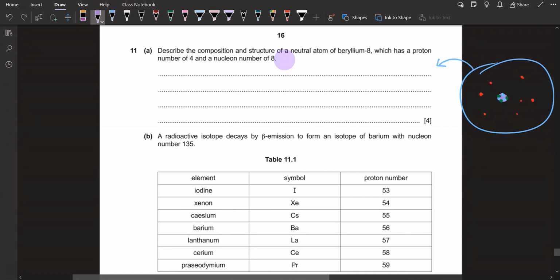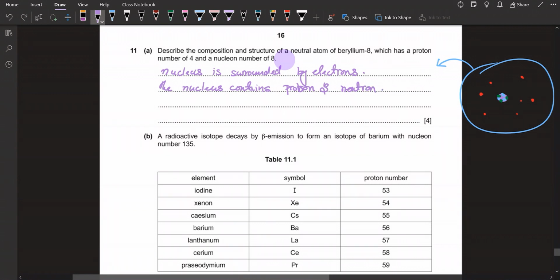So what we can write here is the nucleus is surrounded by electrons. The nucleus contains protons and neutrons.